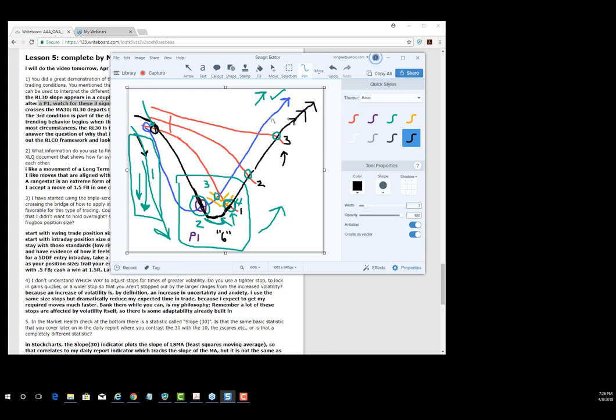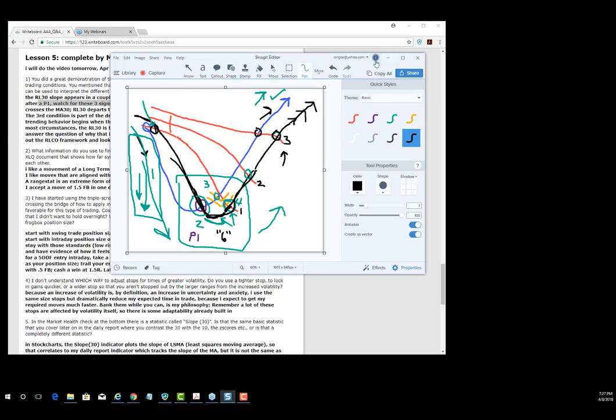There it goes, right? Because you had the price come out of the river, you had the RL10 come out of the river, and now you had the RL30 come out of the river. That's the beginning of trending behavior on the far side. So as you notice the slope of the 30 changing, that's what that looks like.